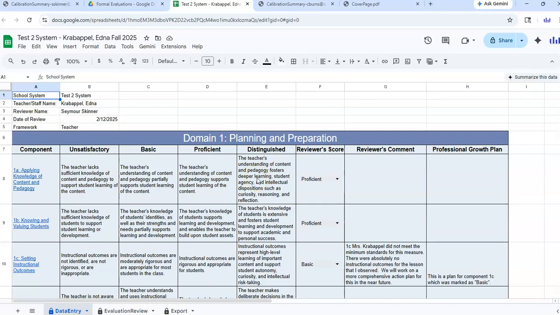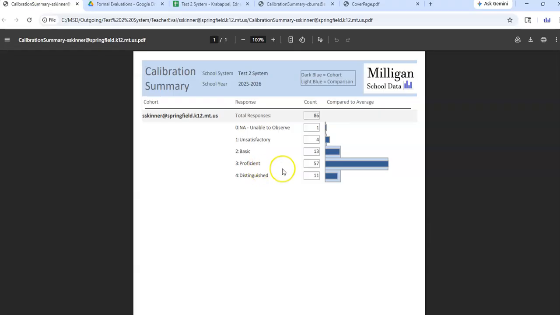Presumably you did more than one of these. You probably did 10 to 15 of these in a school year. And what this report shows you is the distribution of scores that you gave.